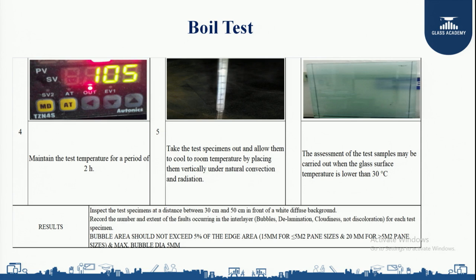Record the number and extent of the faults occurring in the interlayer, that is in the form of bubbles, delamination, cloudiness, not discoloration. For each test specimen, bubble area should not exceed 5% of the edge area. In general, 15 mm for less than 5 square meter panel size and 20 mm for more than 5 square meter panel size, and the maximum diameter of the bubble shall not exceed 5 mm.